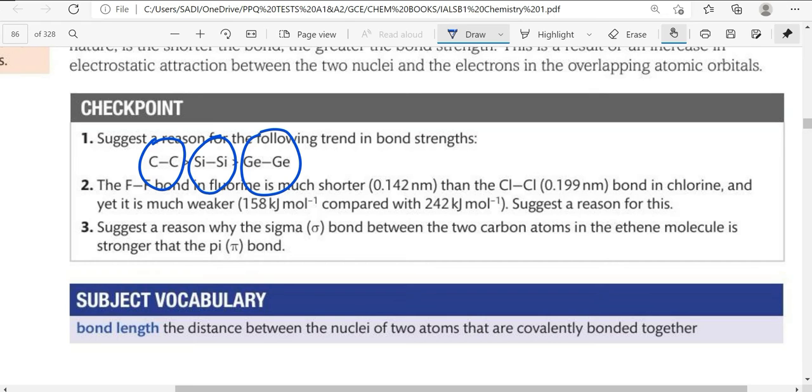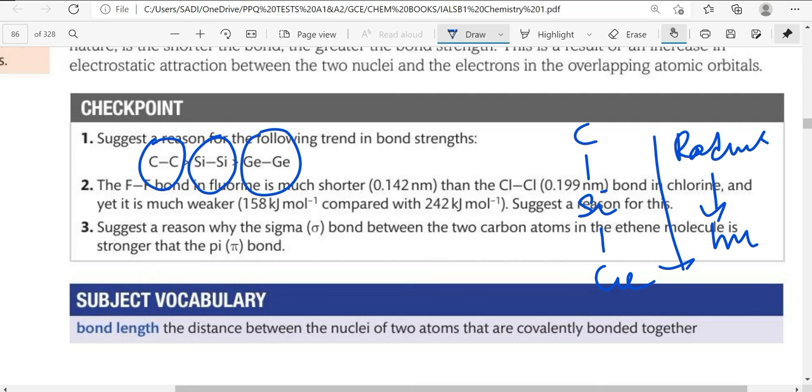Okay. So in the periodic table, carbon is at the top, followed by silicon in the same group and followed by germanium. So what is happening to the atomic radius? Increase. Okay. So when the atomic radius is increased, what happens to the bond length? The bond length is also increasing.